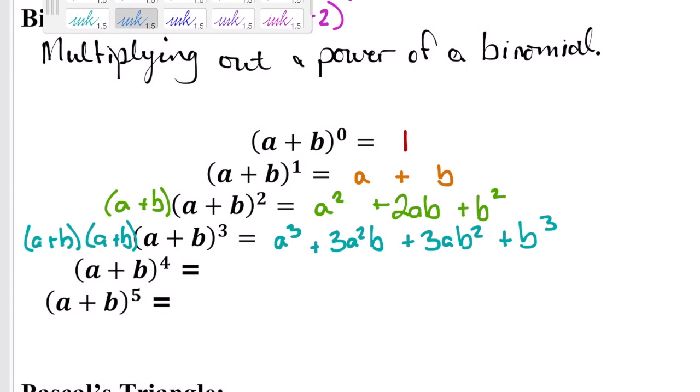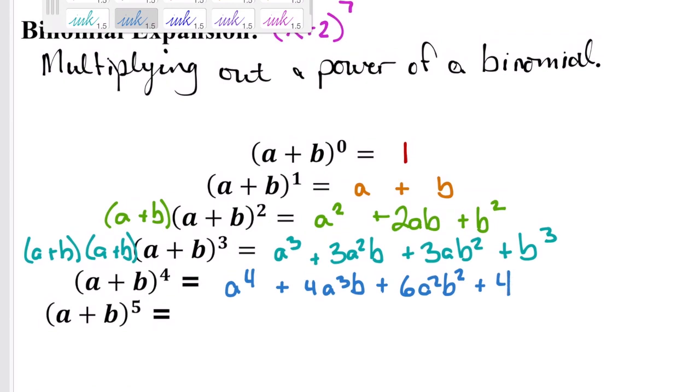And then a plus b to the fourth, we're multiplying all that by another a plus b. We end up with a to the fourth plus 4a cubed b plus 6a squared b squared plus 4ab cubed plus b to the fourth. And then the last one that I'm going to do out, we would multiply all of that by another a plus b.